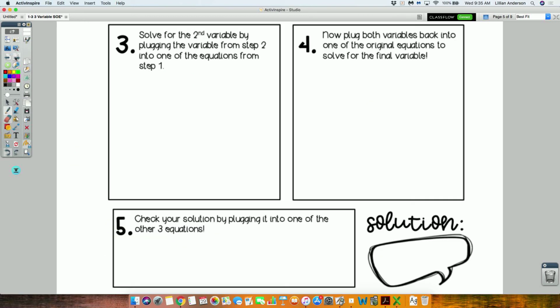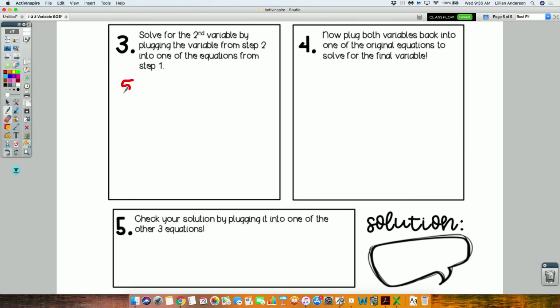Step 3 says now we need to solve for the second variable by plugging the variable from step 2 into one of the equations from step 1. Okay? I'm talking about the 2 variable equations, right?